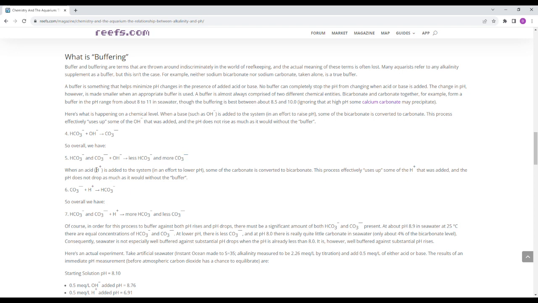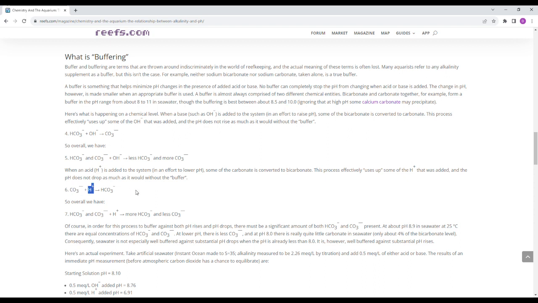When an acid, H plus, is added to the system in an effort to lower pH, some of the carbonate is converted to bicarbonate. This process effectively uses up some of the H plus that was added, and the pH does not drop as much as it would without the buffer.